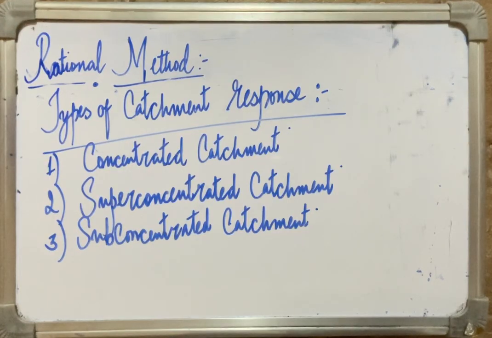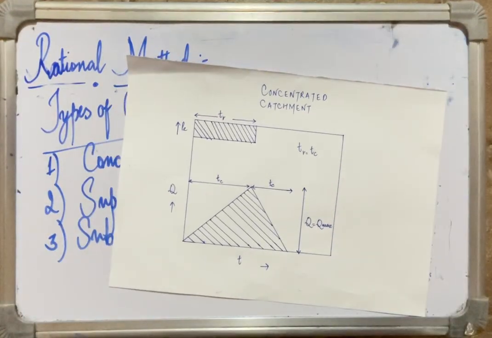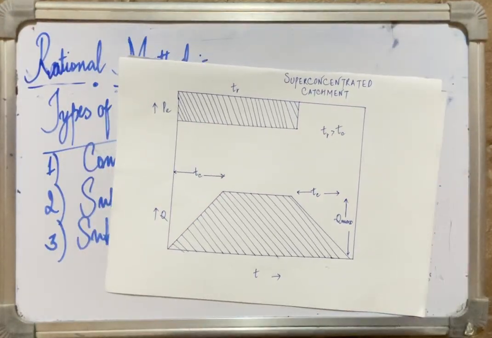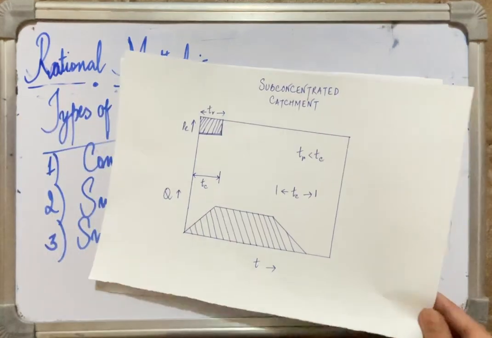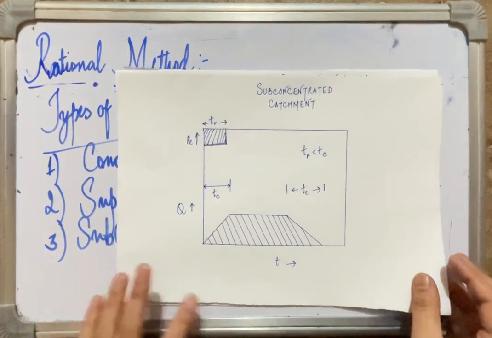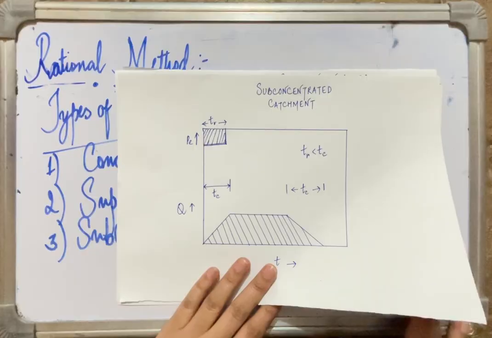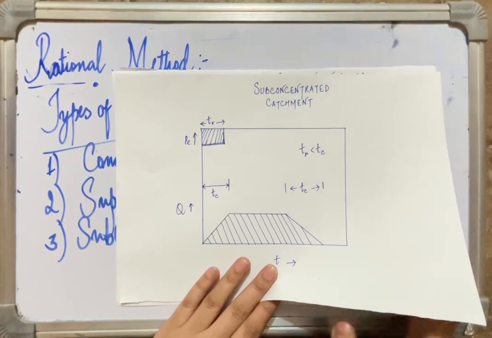This is the concentrated catchment response, the super concentrated catchment response, and the sub-concentrated catchment response. In the sub-concentrated catchment response, we have rainfall duration less than the time of concentration of that catchment.